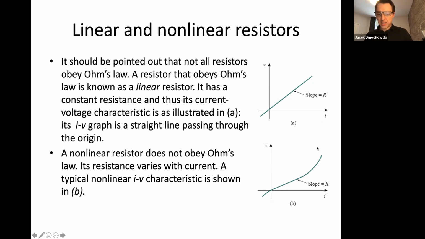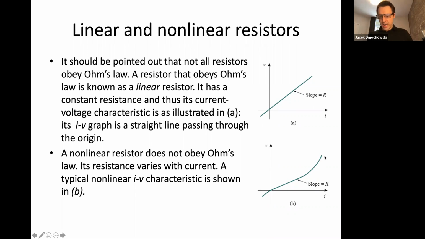This happens in nature, but we do not consider such cases. We always assume that the ratio of voltage to current is constant, and that constant is called the resistance.